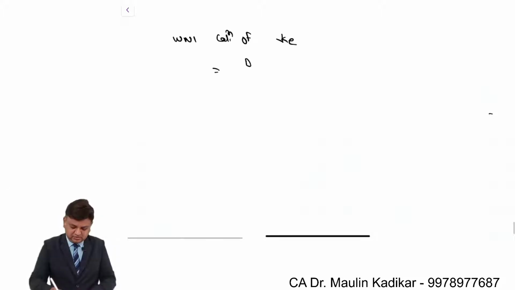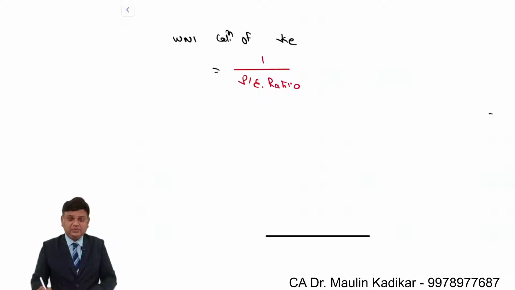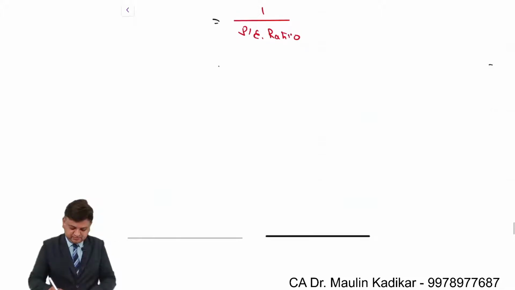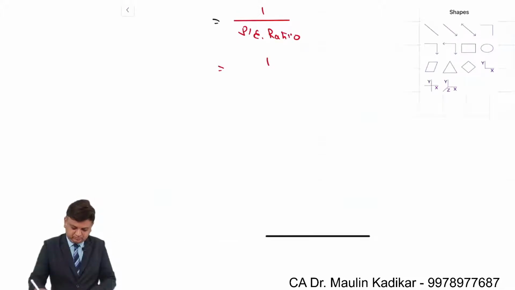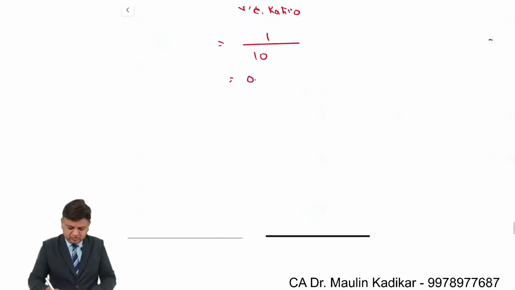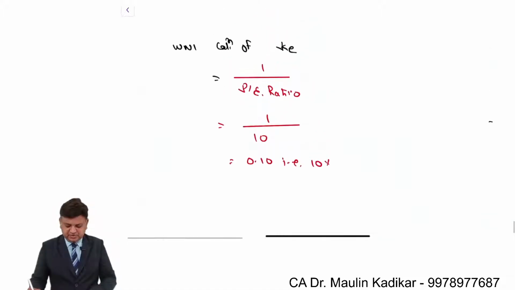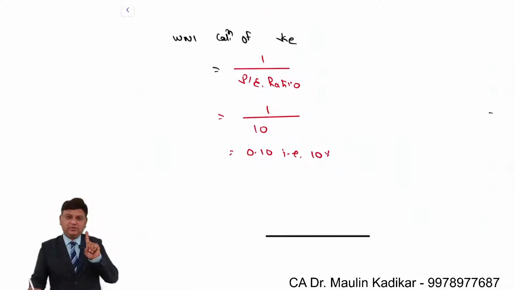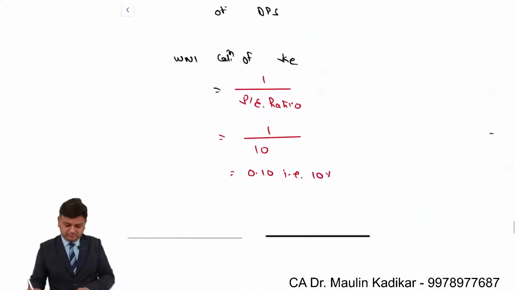It is 1 upon price earning ratio. What is price earning ratio? 10 times. So it is 0.10, that is 10%. So the first working note is K, 10%.